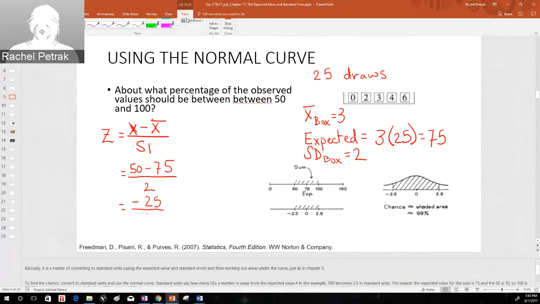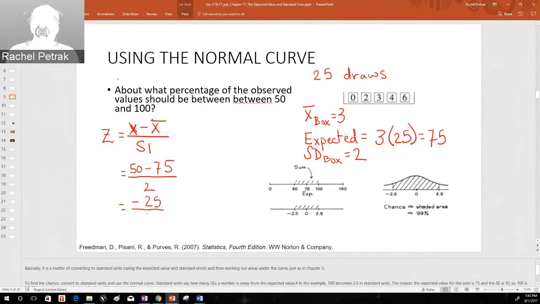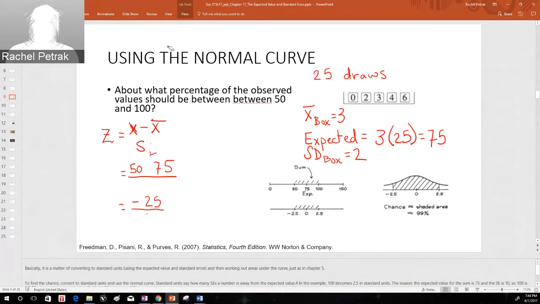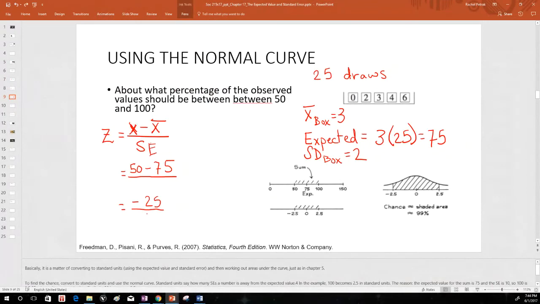Because we're looking at the standard units across the number of draws, we use the standard error instead of the standard deviation here, but we already know the standard error is 10 from our previous calculations on this.